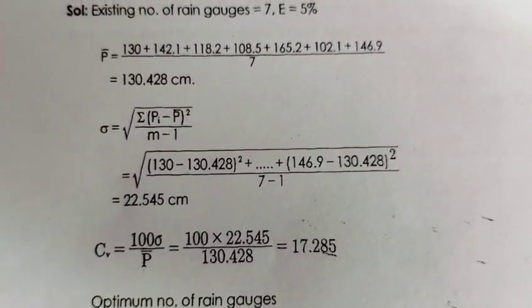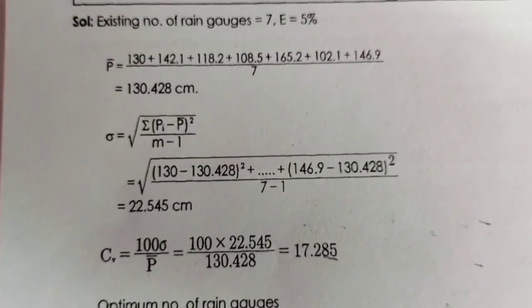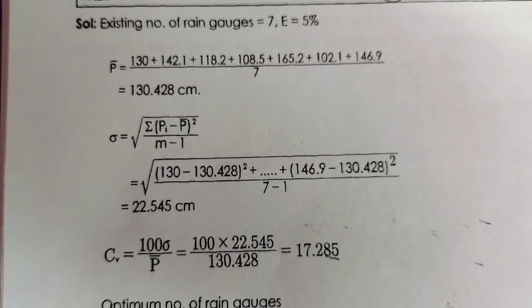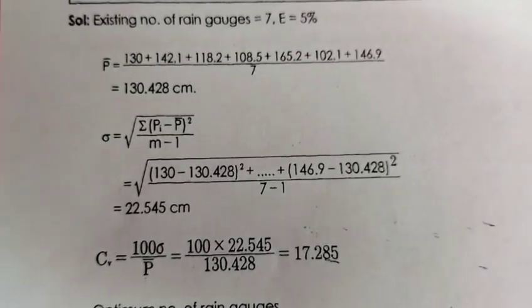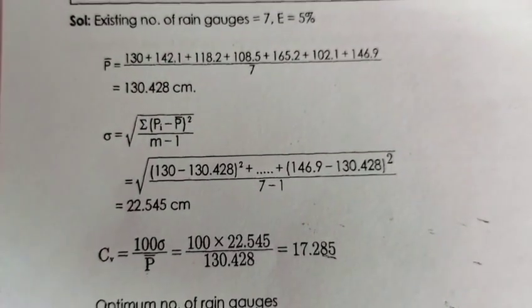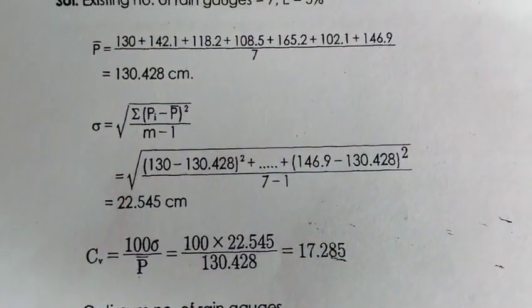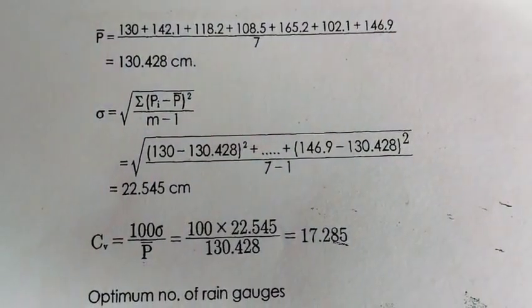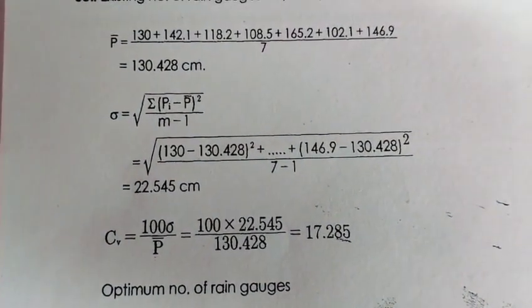So here it is shown 130 minus P bar, that is 130.428, bracket raised to 2. Likewise, sum all of that under the root, divided by m, the number of rain gauges, that is 7 minus 1. So this gives us sigma equal to 22.545 centimeters.